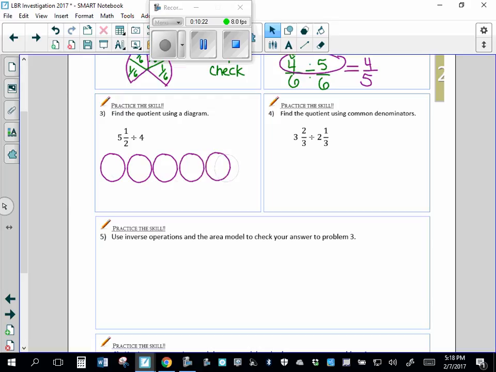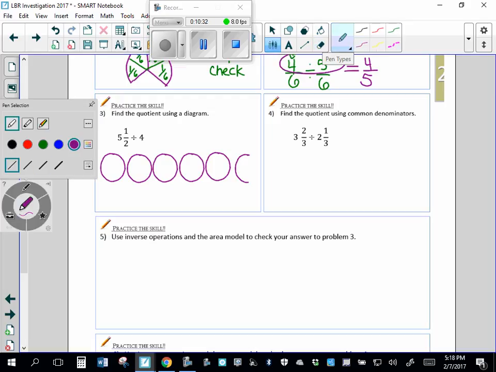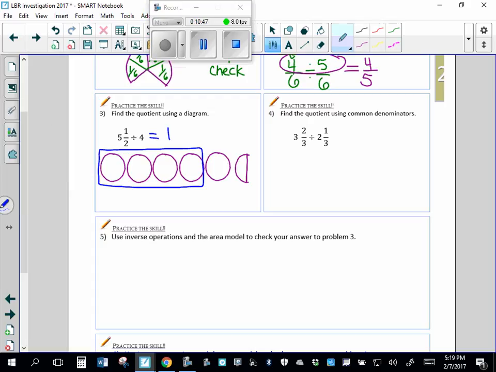We need a half circle. So I'll erase part of that. And I'm asking myself, how many sets of 4 are in that 5 1/2? So this is one set of 4. And now we have to think a little bit harder.